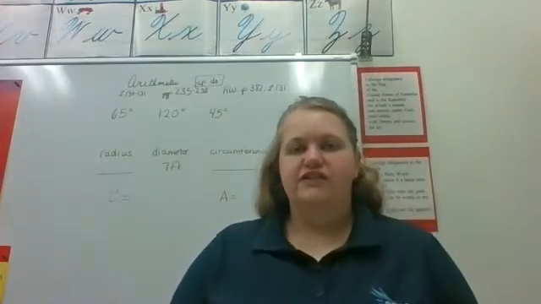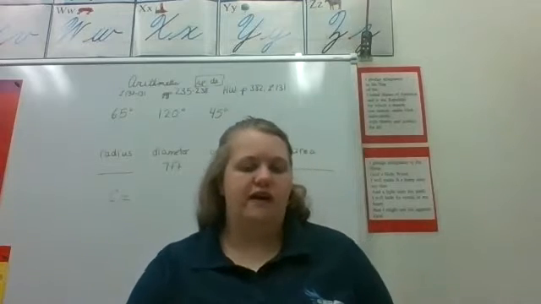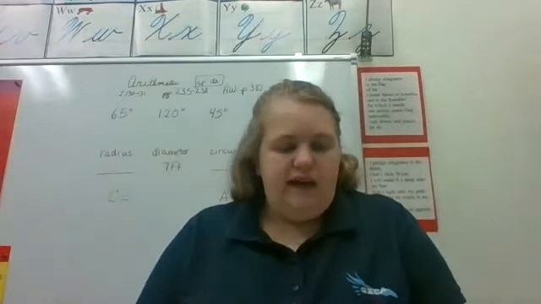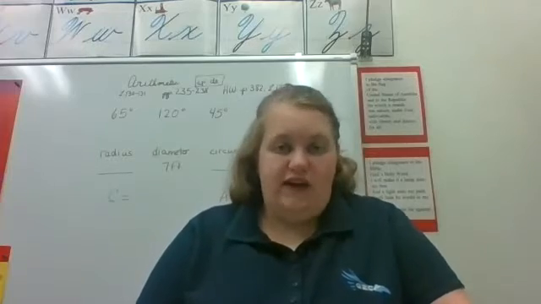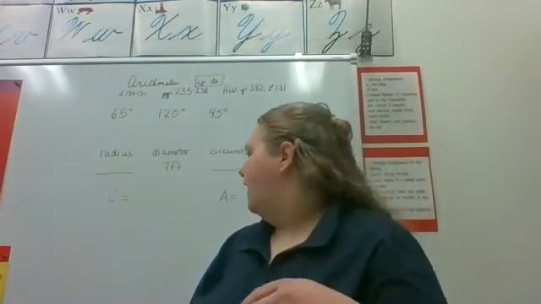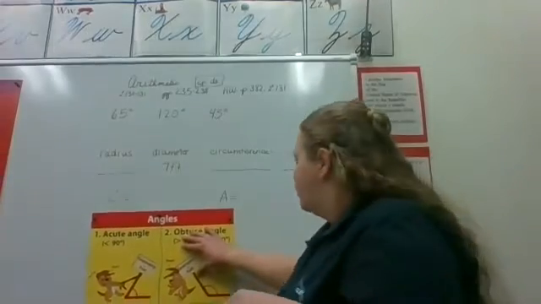All right, we're going to get started with some review. We have been talking about angles and all the different sizes of angles, so we're going to review a little bit of that. I'm going to bring over our angle chart.